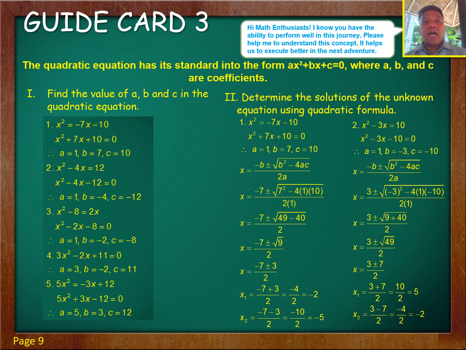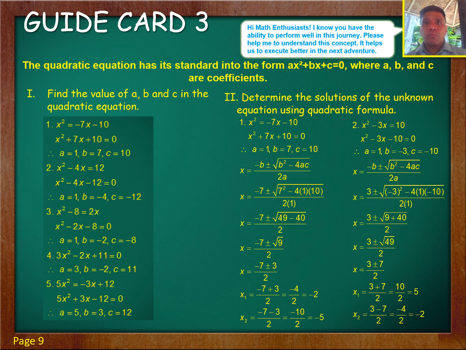Now guide card number 3 is where we solve the quadratic equation using the quadratic formula. The first sub-objective is to find the numerical coefficients of the quadratic term, the linear term, and the constant term.